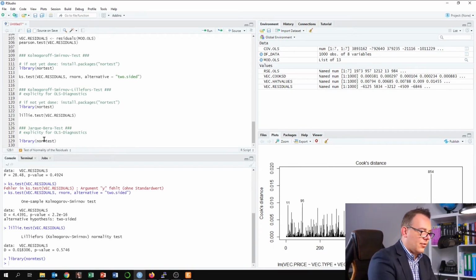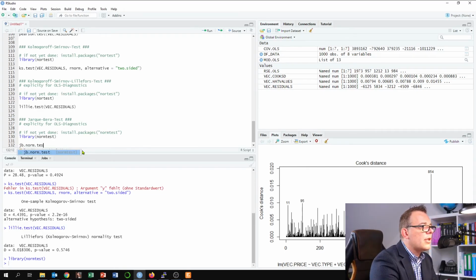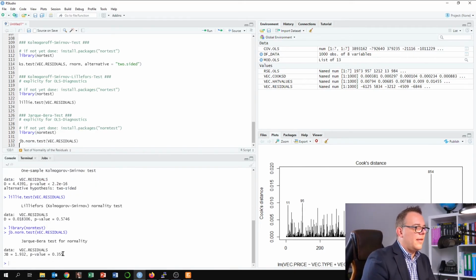And of course, if that is not installed on your machine, if not yet done, install.packages normtest. Just like that. And now we can perform the Jarque-Bera test, jb.norm.test, and again we hand over the vector of residuals, run the test, and there we get the p-value for the Jarque-Bera normality test. Beautiful!